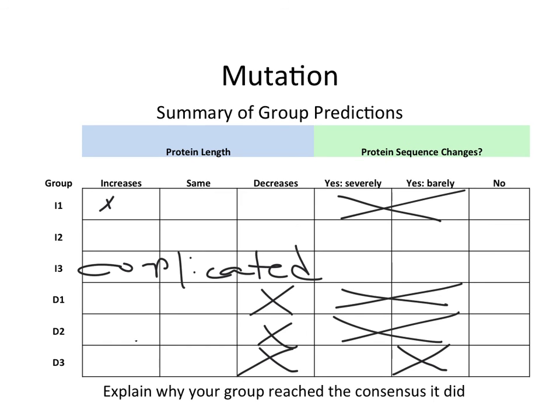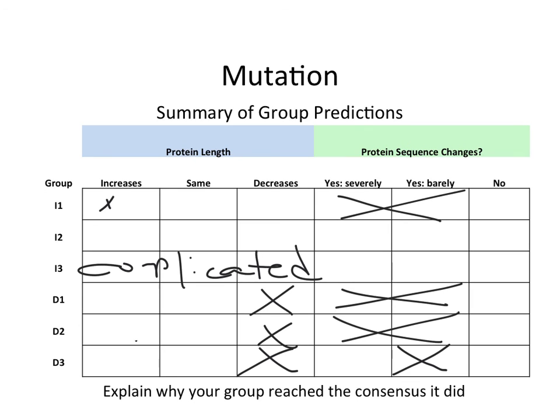Is a pattern emerging in the predictions? Where's the strongest pattern? Everybody's predicting that if you delete, it decreases the protein length and it changes the amino acid sequence. If group I2 were here, let's pretend we all inserted 2 nucleotides. Let's all act as group I2, without the talking.